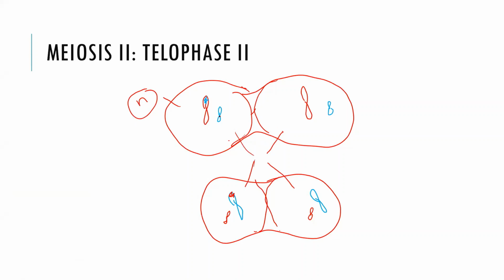So this is only an example with two cells. But if we had 23 pairs, there would be a wide variation among these four cells. So during meiosis, there is a wide variation in the genetic material in the resulting daughter cells.